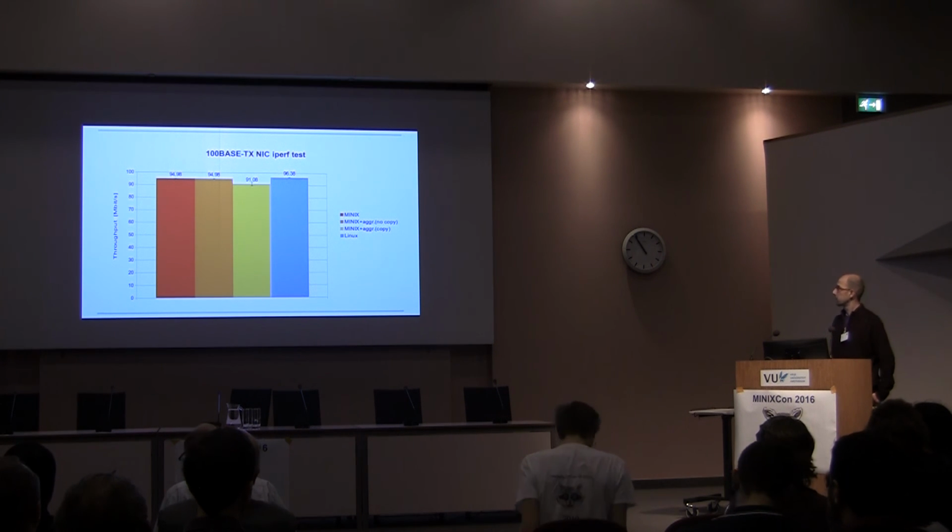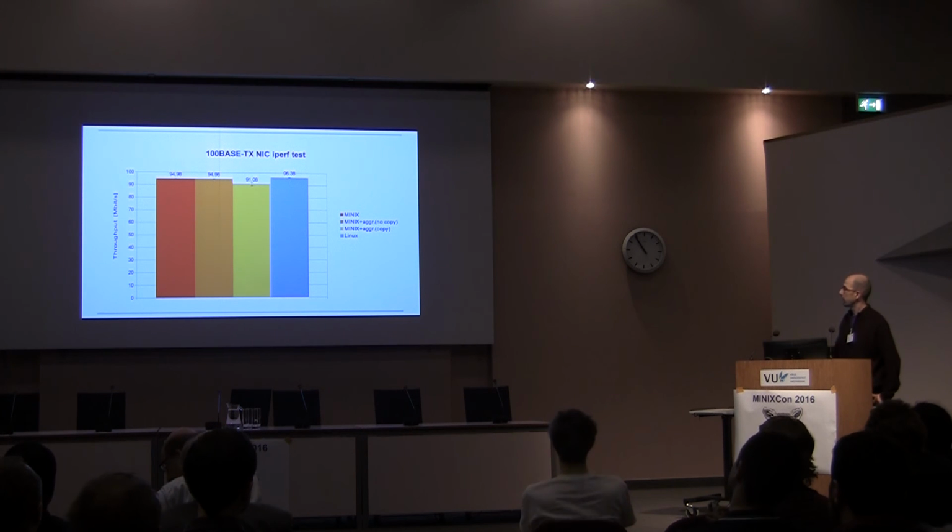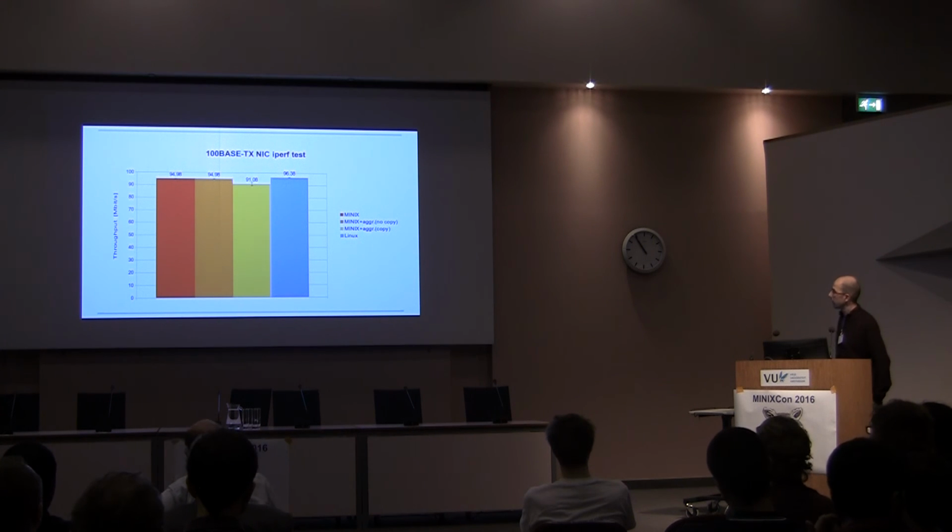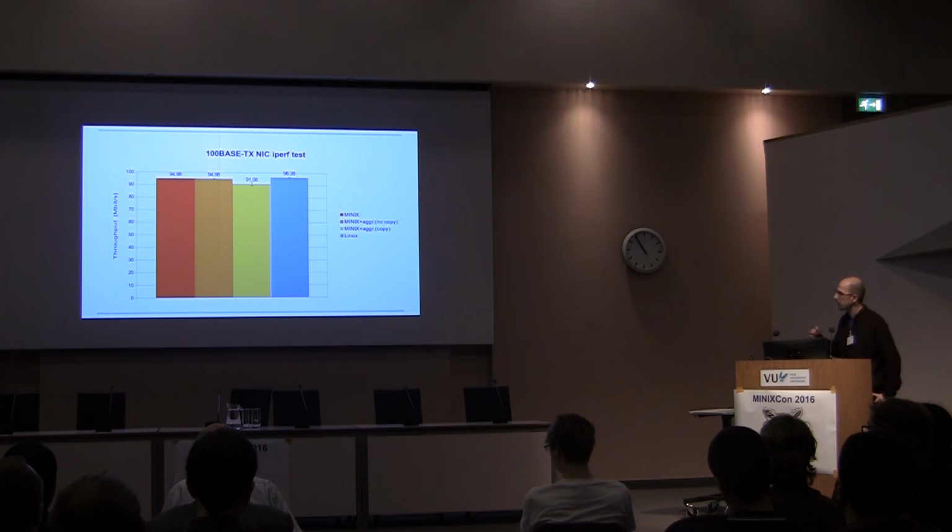In fact, Minix doesn't lag behind Linux at all. The only thing that's a bit lagging behind is Minix plus aggregation driver, which uses copy in between, which adds a second copy level, which is understandable, right?